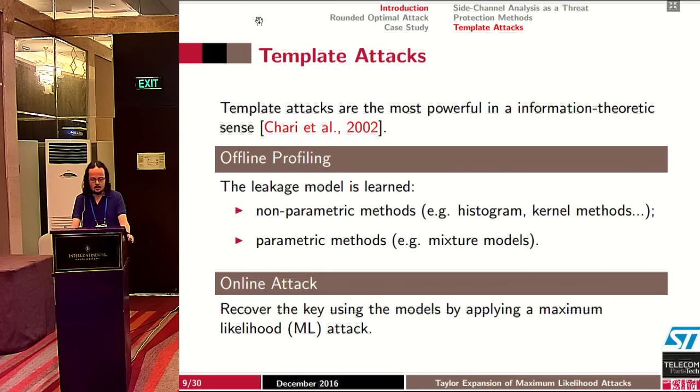There exist different methods to perform this estimation: non-parametric methods, such as the histogram or the kernel method, or parametric methods, for example the mixture models. The second step of the attack is to recover the key using the model learned during the offline profiling, by applying the maximum likelihood attack.